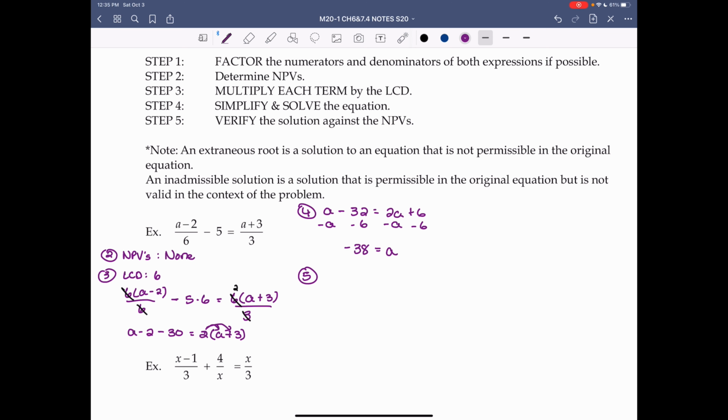Step 5, we need to verify. So first we check that our solution didn't come out as one of the non-permissible values, which it didn't in this case because we don't have any. And the second, we plug it into our original and make sure the left side is equal to the right side. (-38 - 2)/6 - 5 = (-38 + 3)/3.